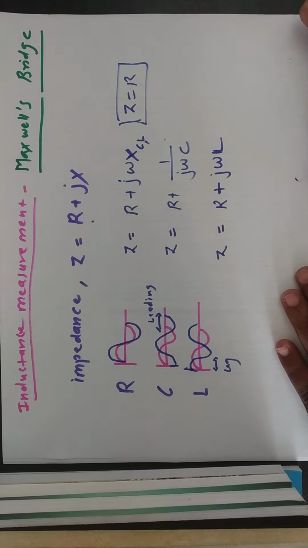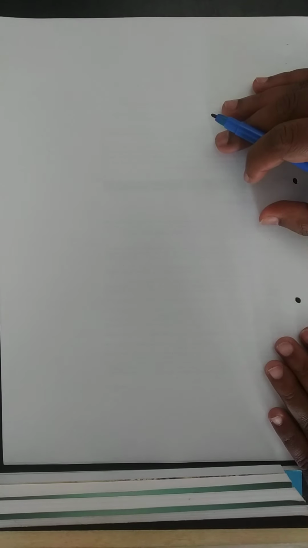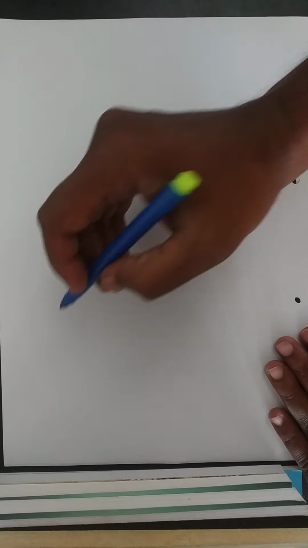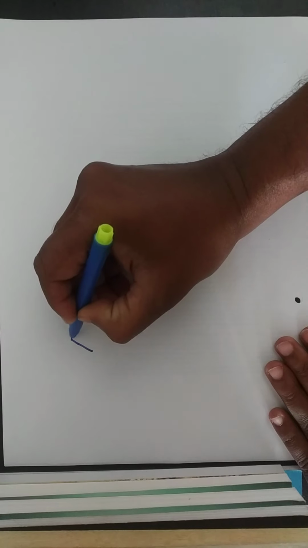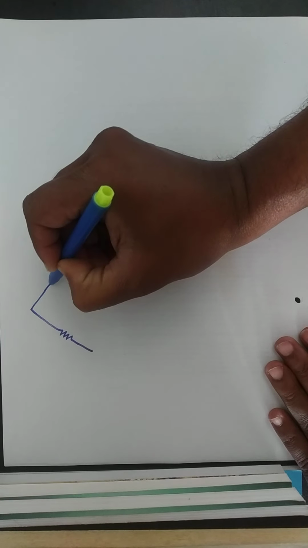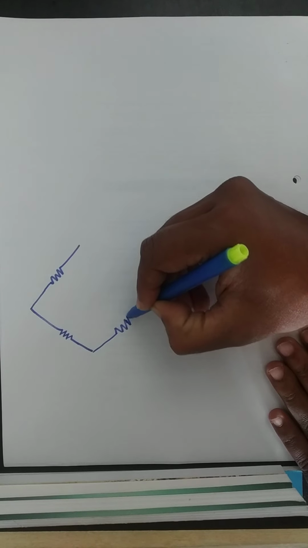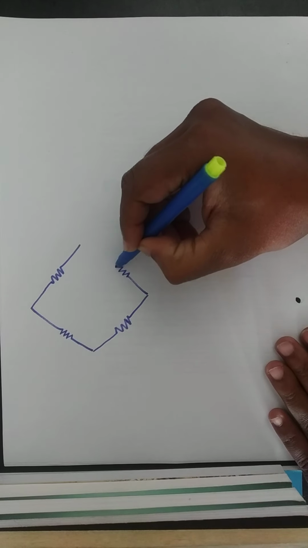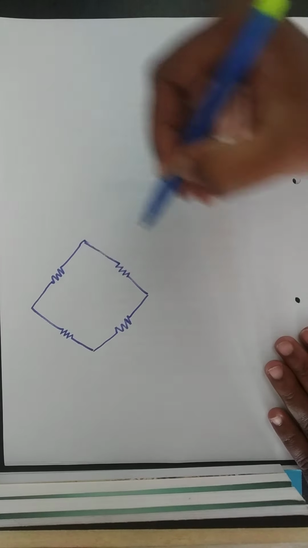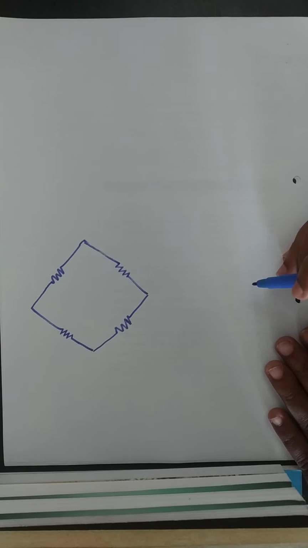Now we will draw a Maxwell bridge for the measurement of unknown inductance. Similar to our previous cases, we have to draw 4 arms. So this is your bridge.